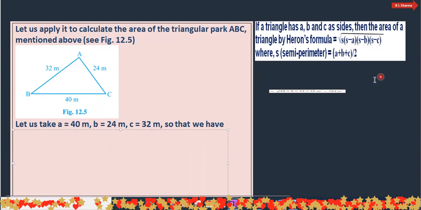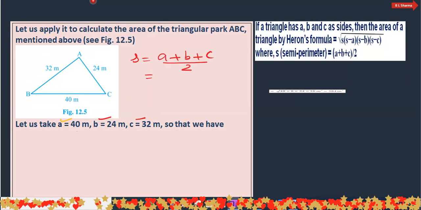(s minus c). हमारे पास A, B और C आ चुका है। देखिए A is 40, B is 24, and C is 32. अब हमें चाहिए S, and what is S? S means sum of all sides, A plus B plus C divided by 2.